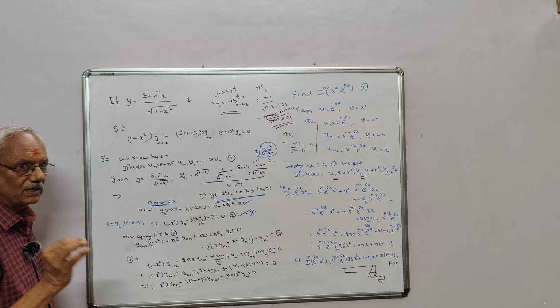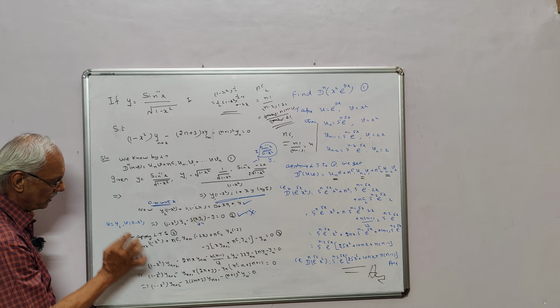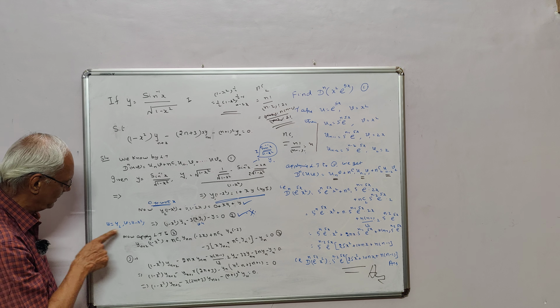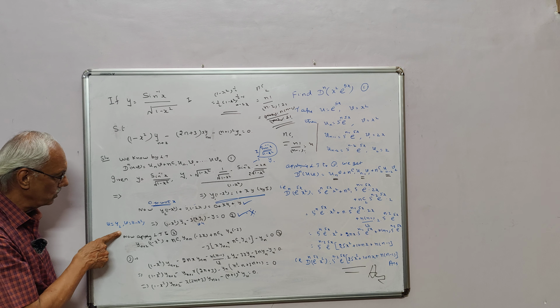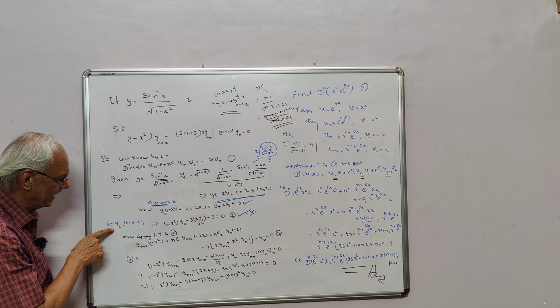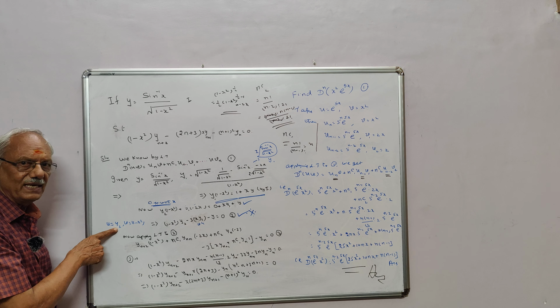So what you must understand is, the first one, if you take this y2 as your u, and v as your 1 minus x squared. Differentiate this n times, means find the nth derivative, and already two derivatives have been found. So it will be yn plus 2.